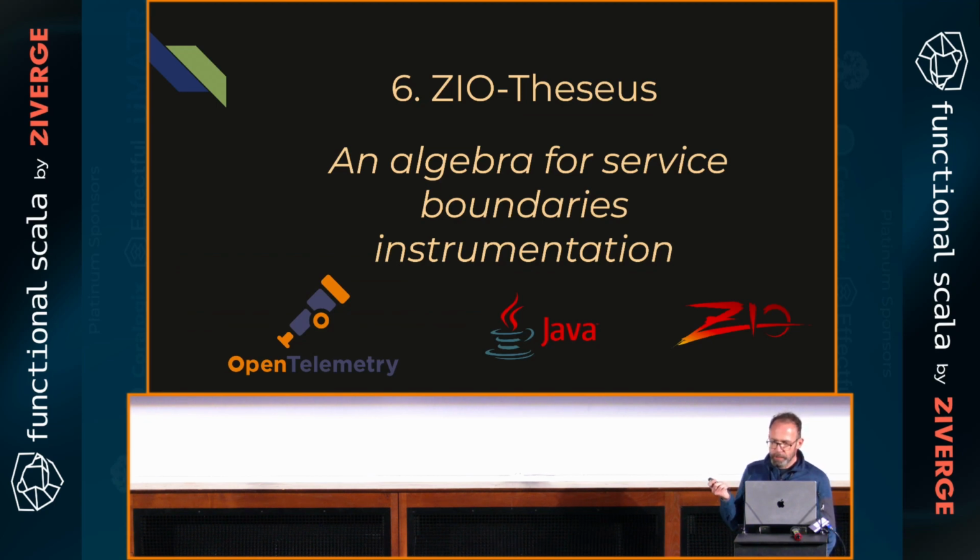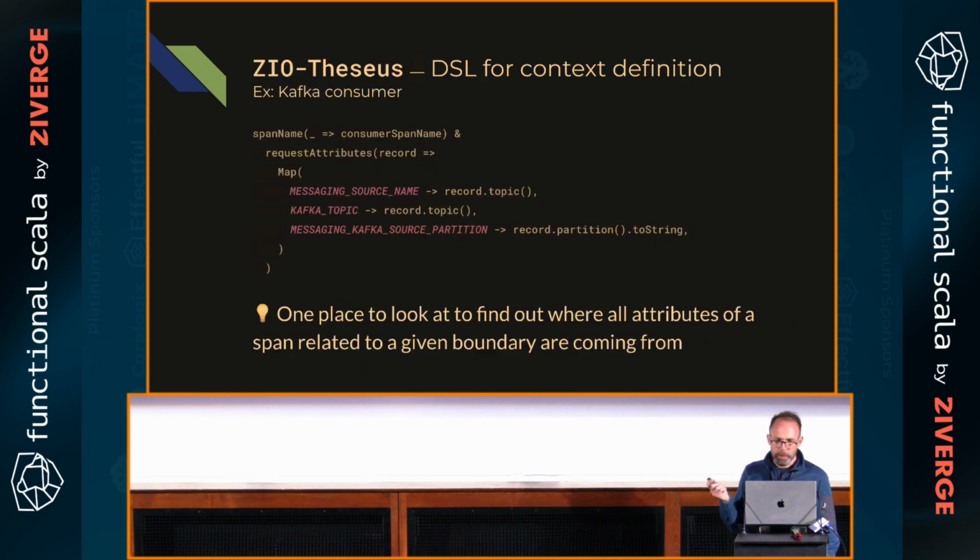So in this library, we are defining an algebra for service boundaries instrumentation, because we want to be precise about what I am sending in the span attributes when I'm doing a given interaction. So for example, when I'm consuming from Kafka, I'm opening a span, and I am declaring here that I will take the record, and from the record, I will put the topic information in these attributes and the partition here.